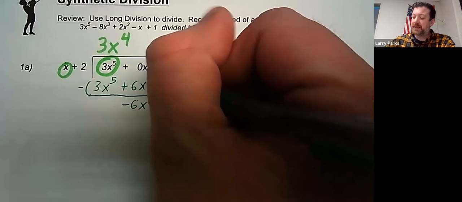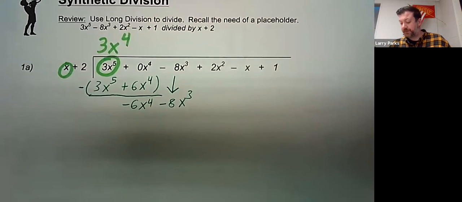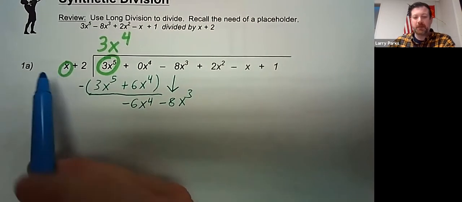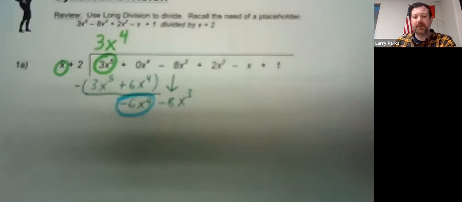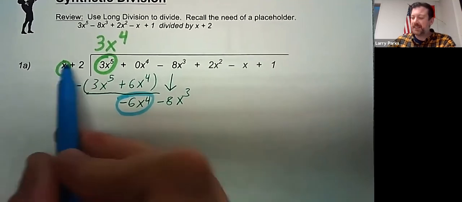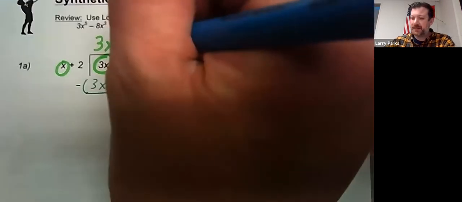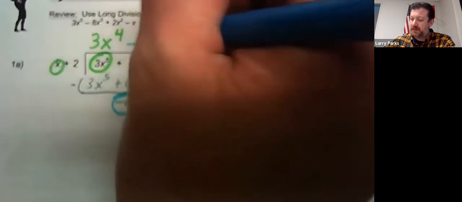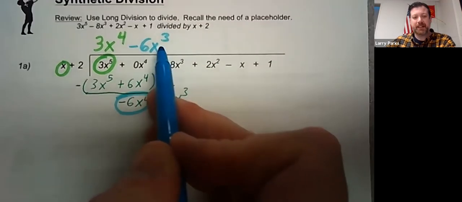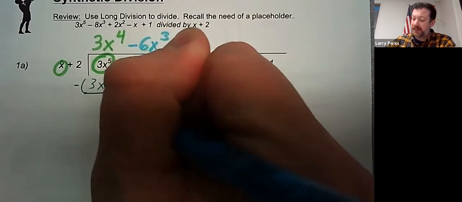You then bring down the next term. You then ask yourself, x times what is negative 6x to the 4th? That'd be negative 6x to the 3rd. You then take negative 6x to the 3rd times x, that's negative 6x to the 4th.